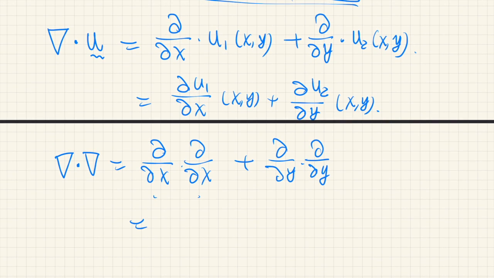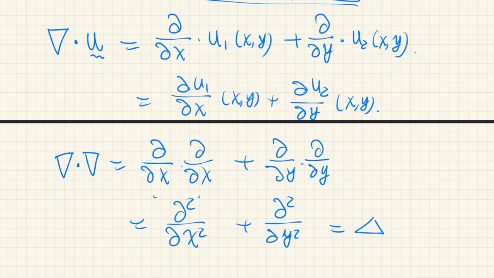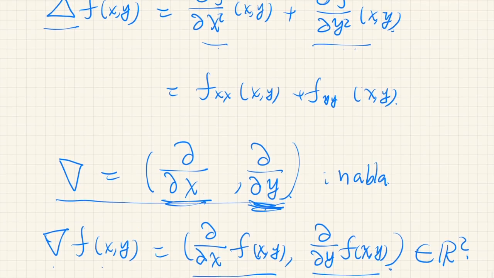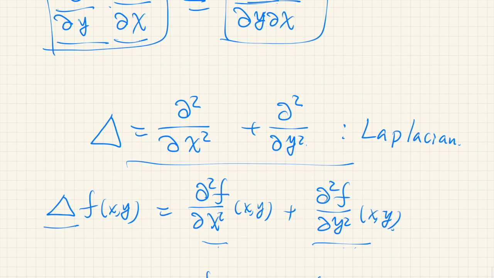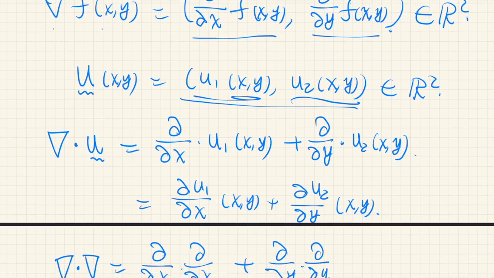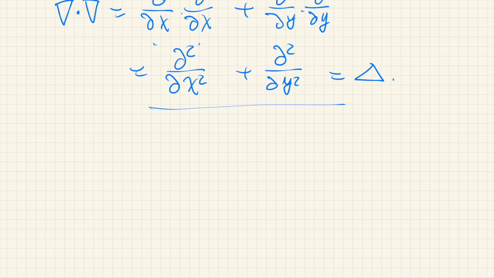That is the second derivative differential operator, which is the Laplacian. The Laplacian as we define here is the same thing. So these operators become handy in vector analysis or vector calculus.